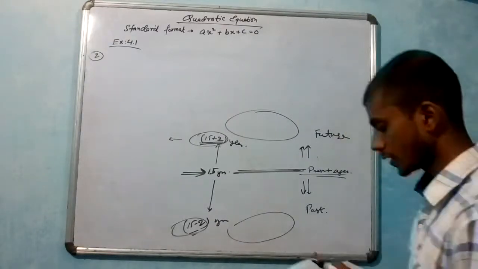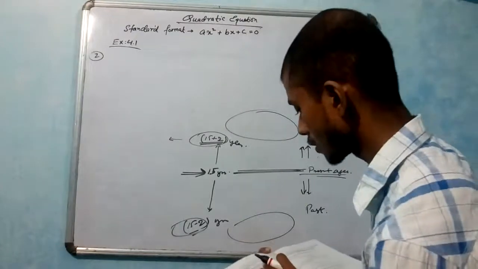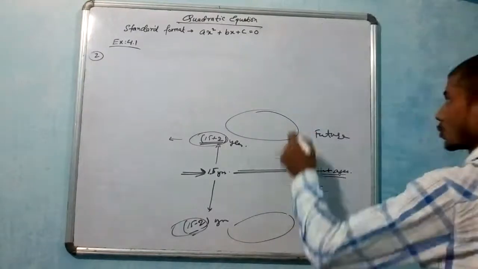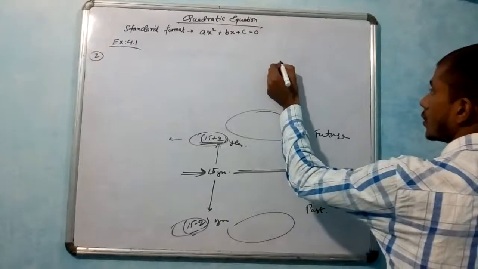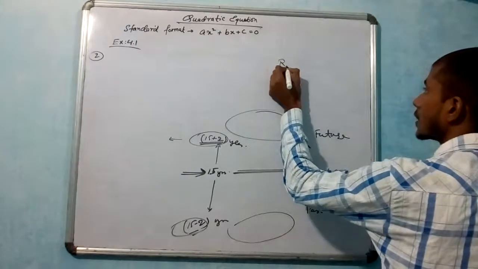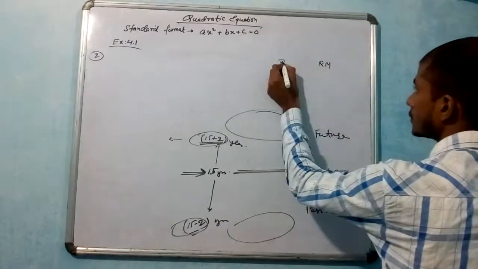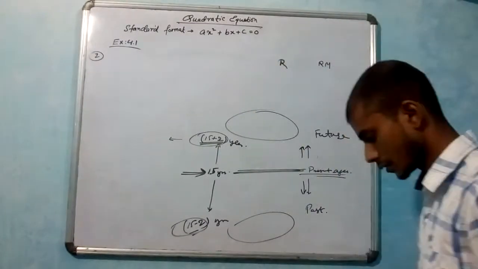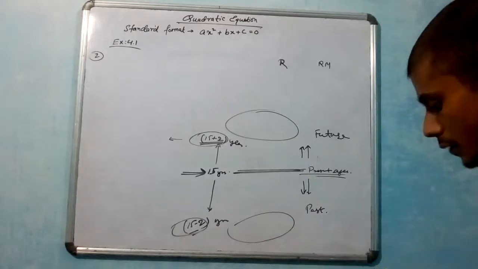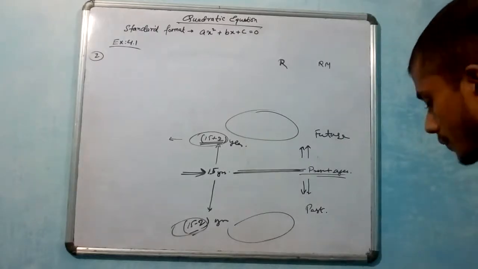Okay, so there are two persons, Rohan and Rohan's mother. So Rohan's mother is 26 years older than him. Who is older? Rohan's mother, of course. How much older? 26 years older than him.